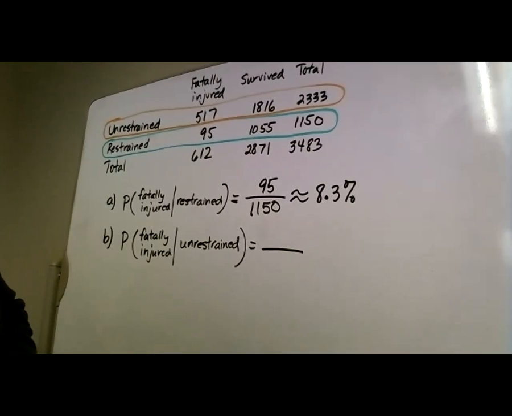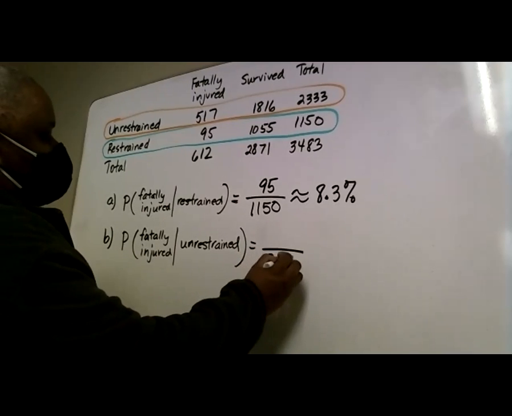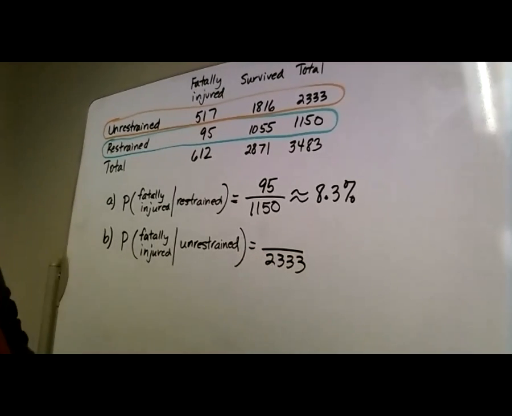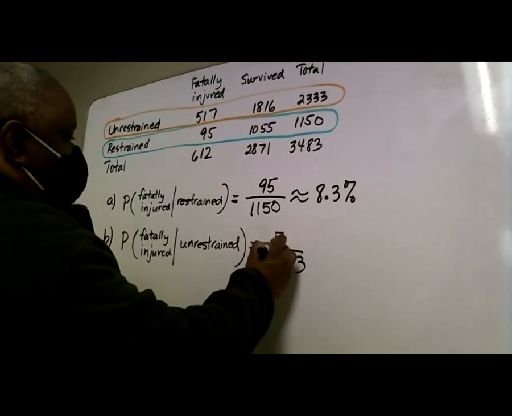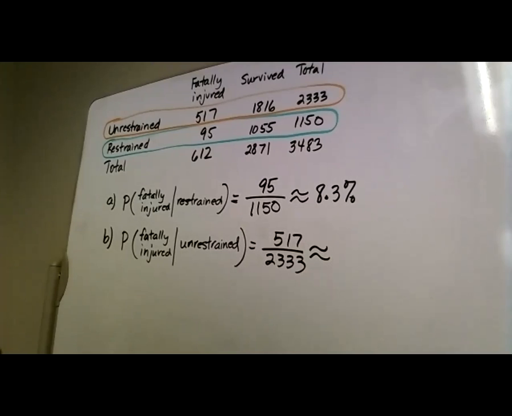The total number of unrestrained occupants was 2,333. And out of those 2,333, how many were fatally injured? 517. That would be your numerator. So when you're in more car crashes, more deadly.